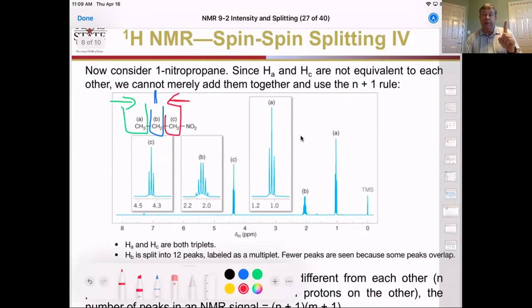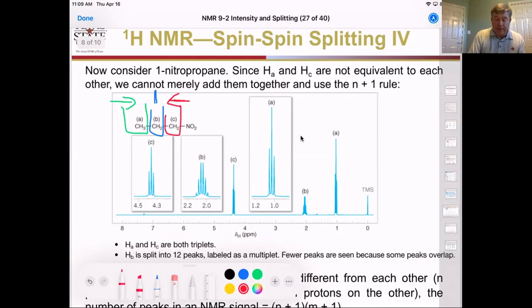So we get 1 peak for the 3, and then it's split 2 times for those 2 equivalent hydrogens. So we should get a triplet the furthest upfield. So our A peak here should be 1, 2, 3. The 3 that are all equivalent on the methyl group plus split twice by the 2 hydrogens next to it, okay? And what we see is we do have a triplet here on A.